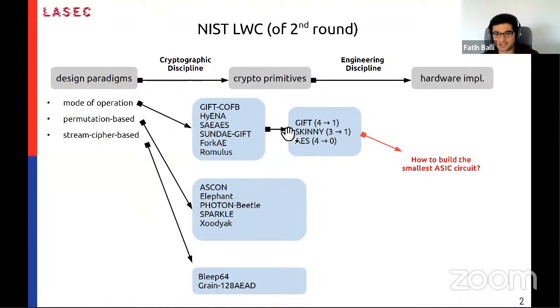In this particular case, you see that the GIFT, Skinny, and AES block ciphers were quite popular. Namely, 11 candidates were making use of this family of block ciphers. The motivation in this work is to look back at these block ciphers from the smallest area implementation perspective.